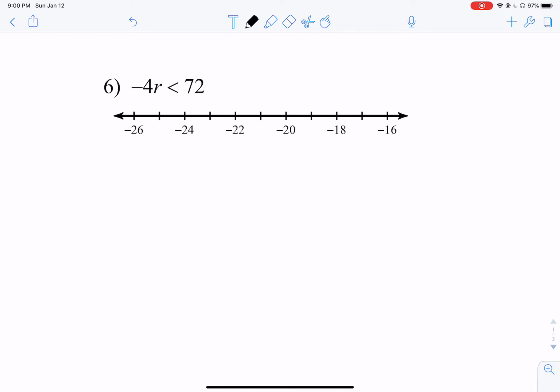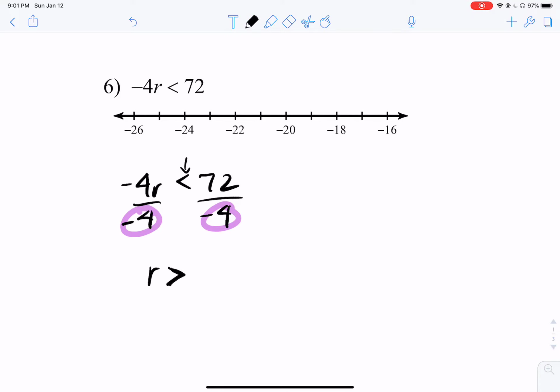Now for number 6, we have negative 4r is less than 72. So we're going to divide 72 by negative 4. Because we're dividing by a negative value, this inequality is going to flip.